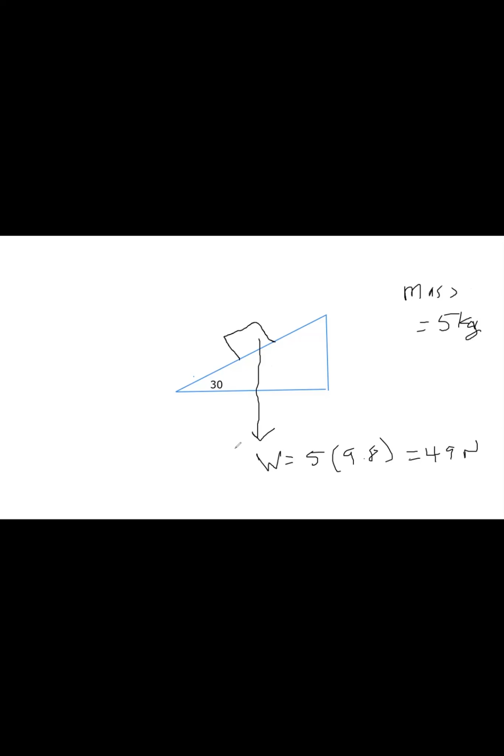Now the question is going to ask, and I'll type it, it'll be a lot easier to read: what are the components of the weight that act parallel and perpendicular to the plane?